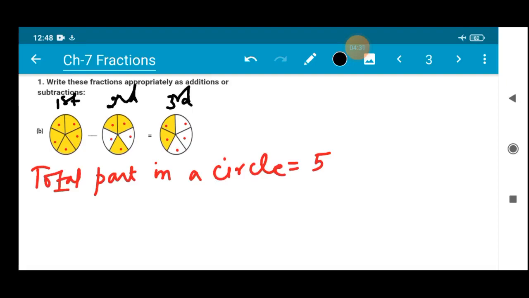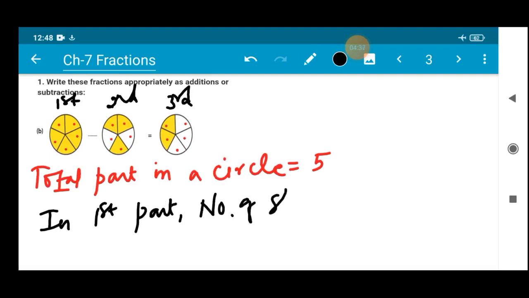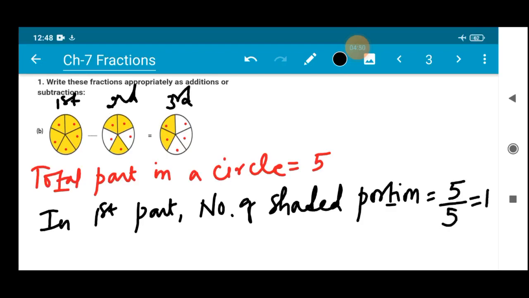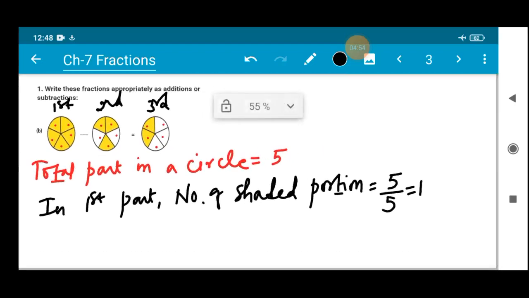In the first part, number of shaded portions is equal to how much? It is totally covered, right? So it is 5 by 5. That means it is one whole, all parts of the circle are colored.